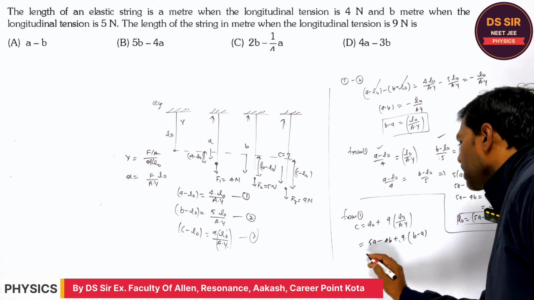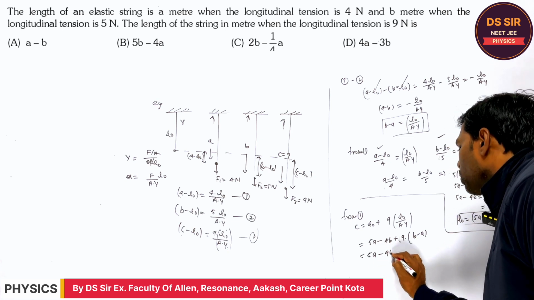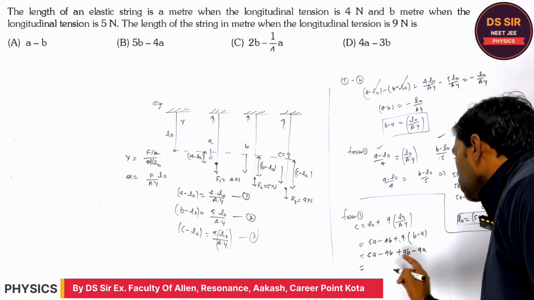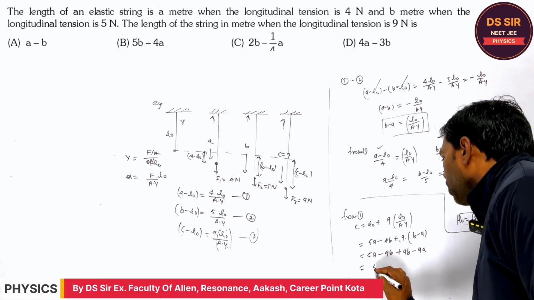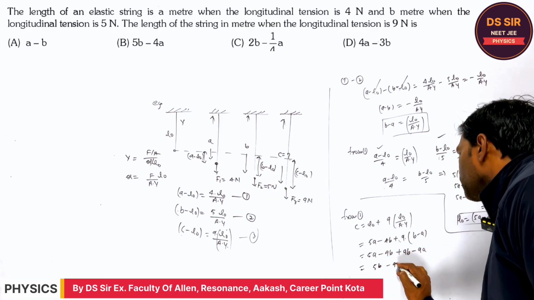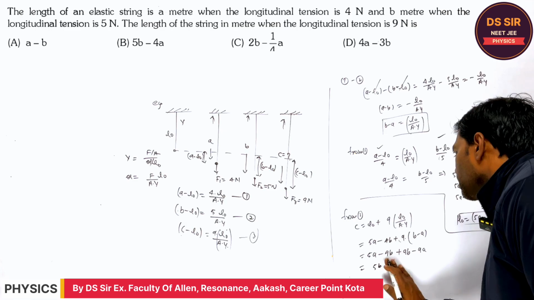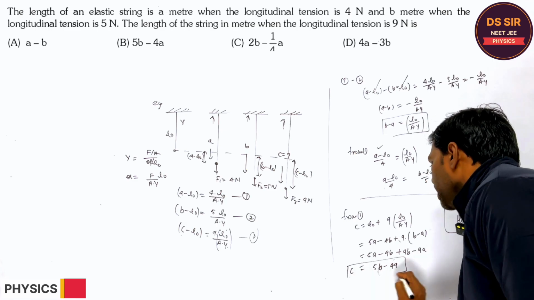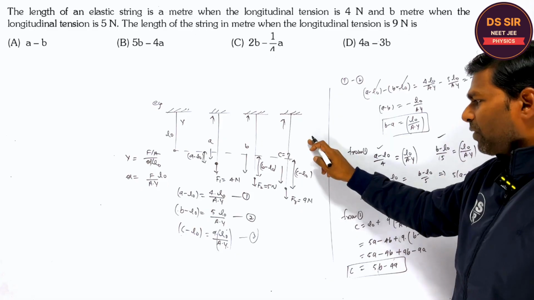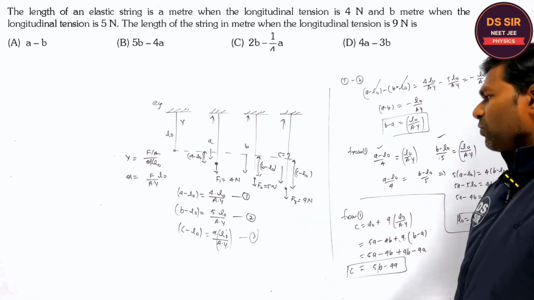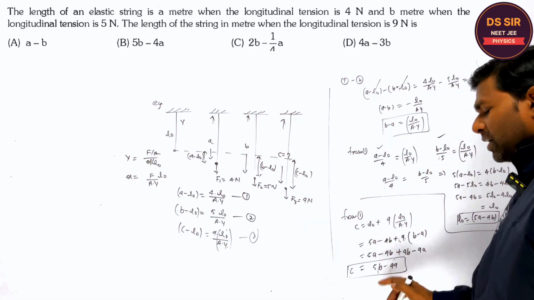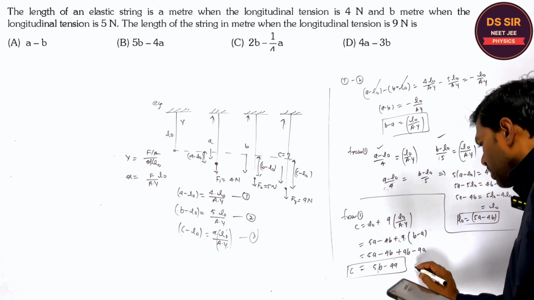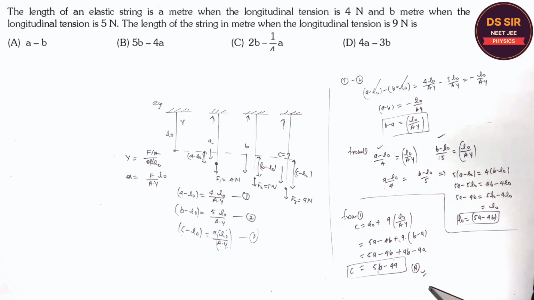B minus A. So it is 5A minus 4B plus 9B minus 9A. So it is equal to 5B minus 4A. So the answer is 5B minus 4A. This is the length of the wire C when the 9 Newton force is applied. So which option is the correct option? The B option is the correct option, right?